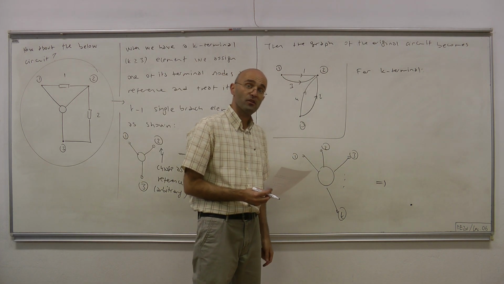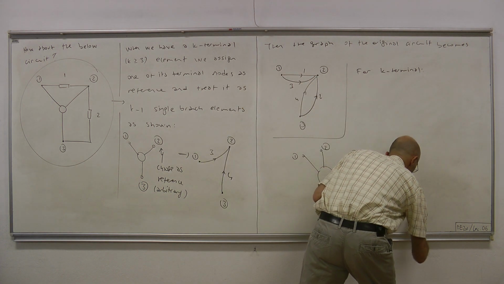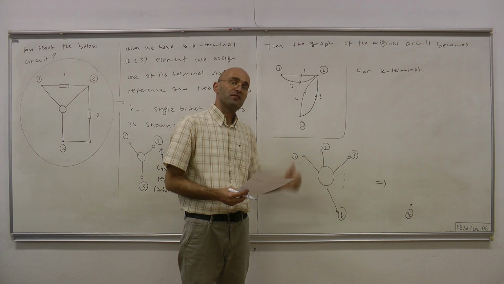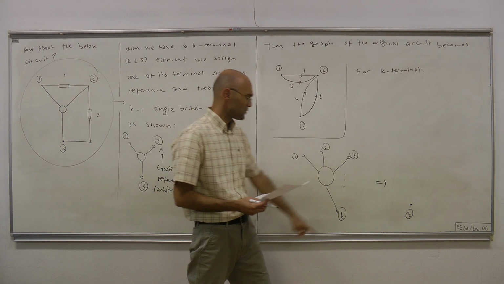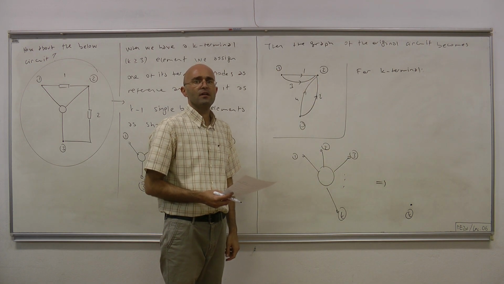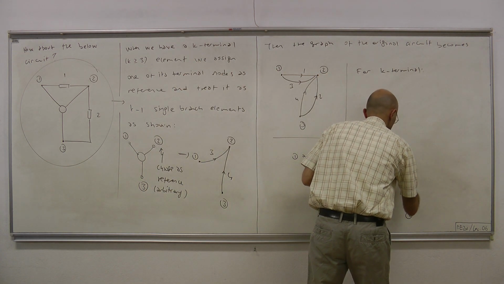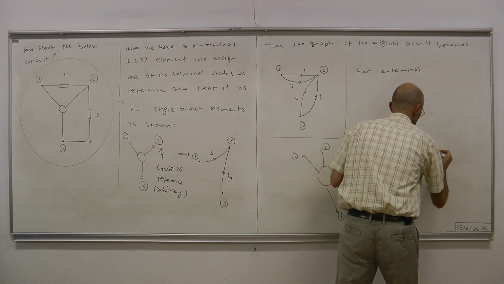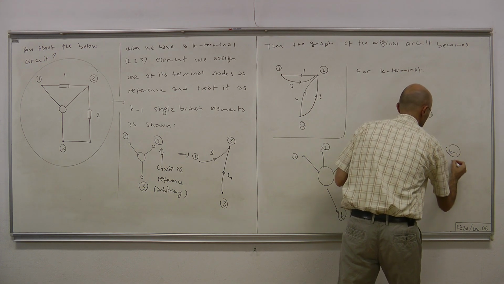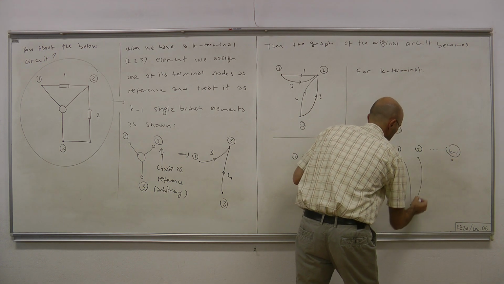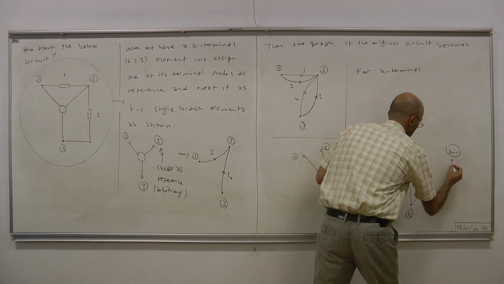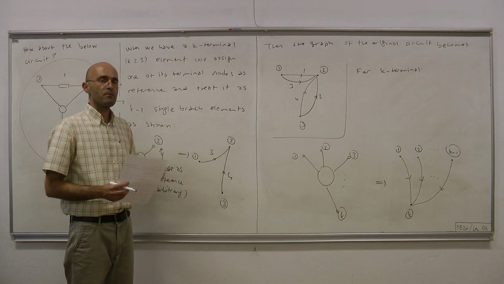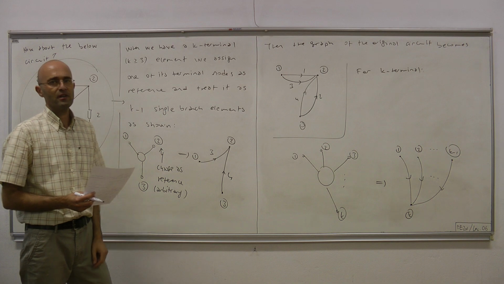Suppose that we chose the K-th node as reference. And then what happens is, from all the remaining non-reference nodes, we connect to the reference node with a single branch. 1, 2, K minus first. Okay, so that's how we deal with 3 or more terminal components.